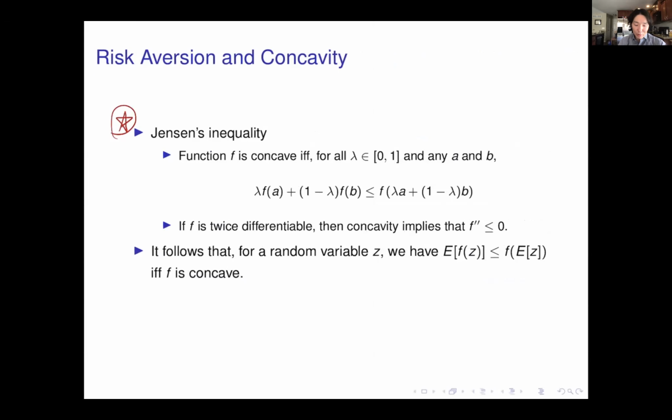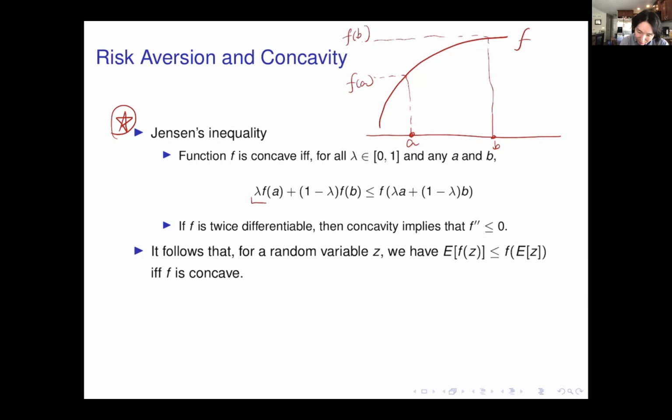A concave function is if and only if, for all lambda between 0 and 1 and any a and b, so this is f(a) and that is f(b), for any values of a and b.